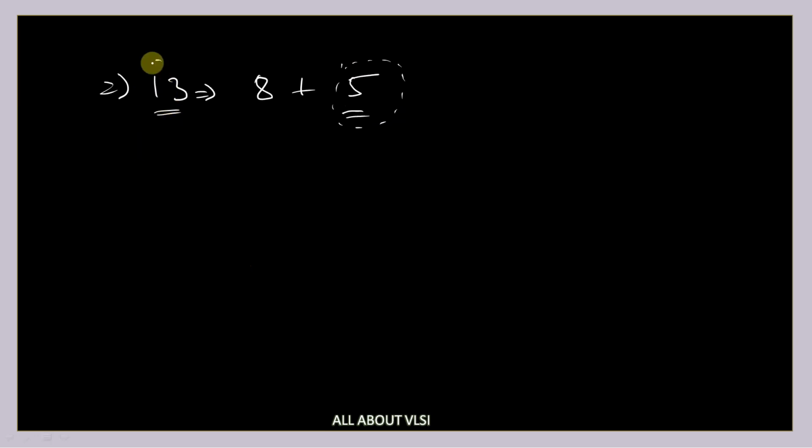So the value of the output will be the same at the 13th clock pulse, because after every 8 clock pulses it will be equal to 0, and after the 9th clock pulse it will be equal to 1, and so on. So the value at the 13th clock pulse is 100.